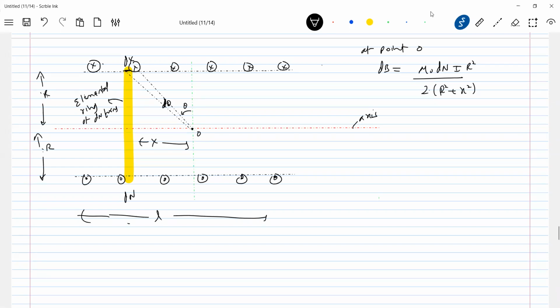So let me define the ends now. This will make an angle beta, and this angle is alpha. I'll measure alpha and beta with respect to this line, which is the theta equal to 0 degree line.